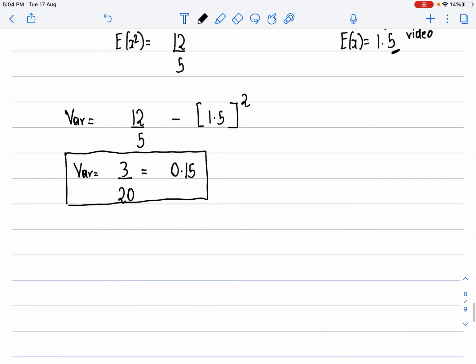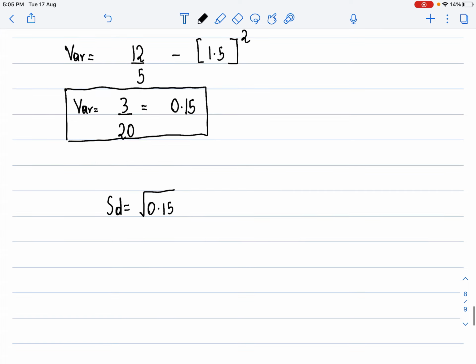Now you need to calculate the standard deviation also, which is basically the square root of 0.15, which is the variance, as the standard deviation is a square root of variance. When I do this on the calculator, I get my answer as 0.387, which is the standard deviation.